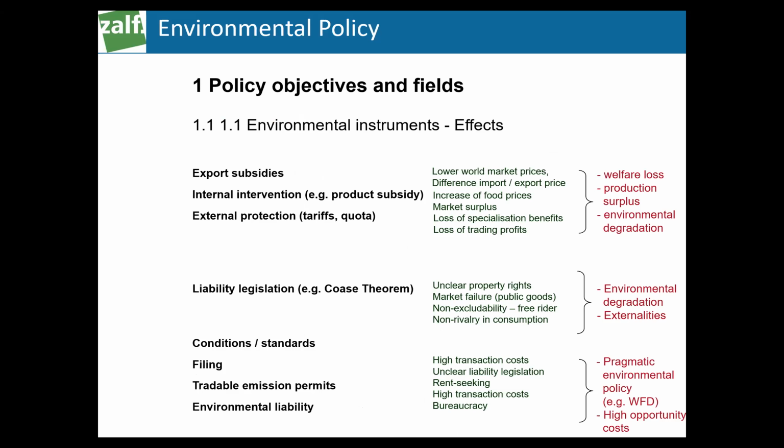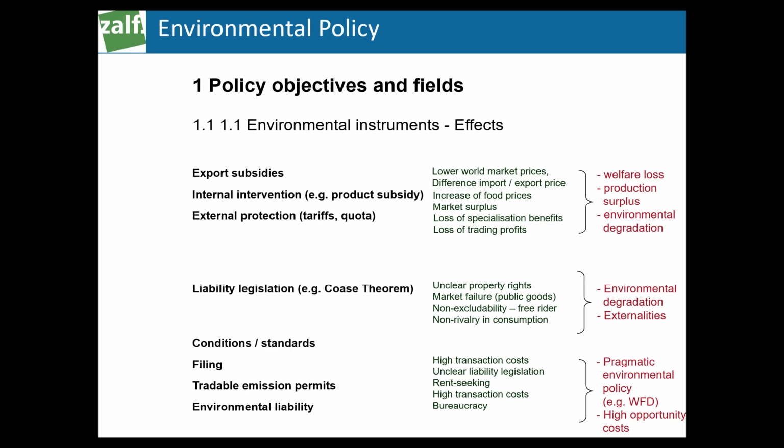Then we came a little bit to this more hands-on practices. What is really then environmental instruments or effects? We had then policy instruments like export subsidies, internal intervention, and external protection. You remember maybe those, I would say, traditional policy instruments in the Common Agricultural Policy at the EU level.